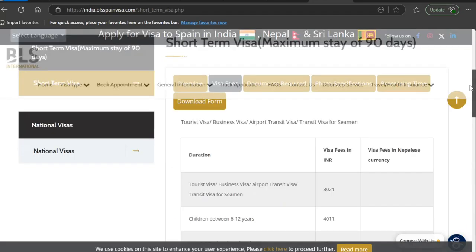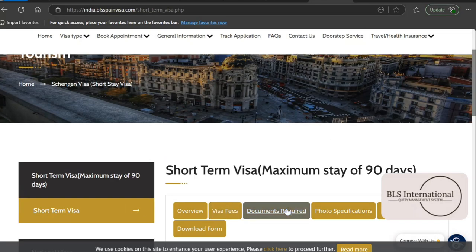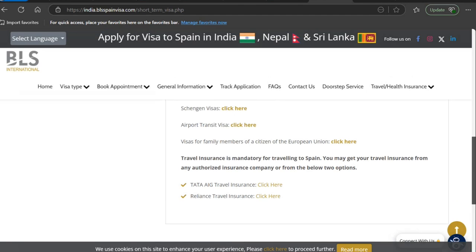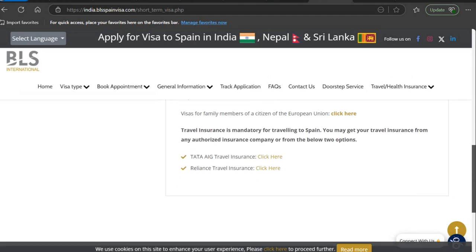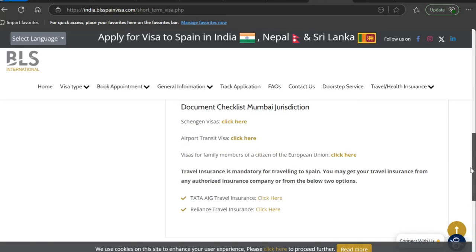Payable. Documents required we have already gone through, but yes, if you want to take a look, you can definitely, and why not? And they have, like, from any authorized insurance company, but yeah, you can take from these two companies too because they are directly written over here.